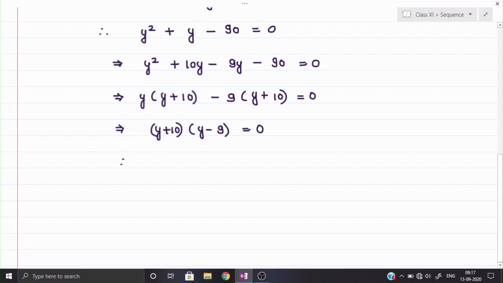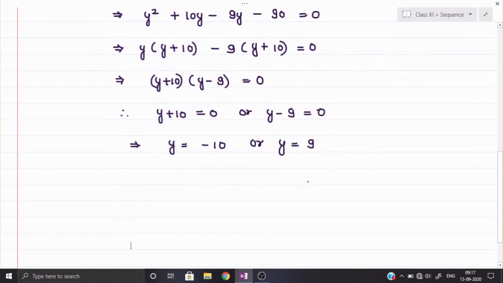From here we can say that y plus 10 is equal to 0, or y minus 9 is equal to 0. So the value of y is minus 10, or the value of y is plus 9.